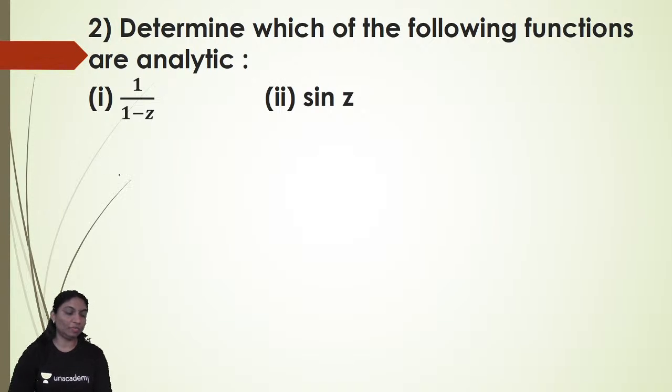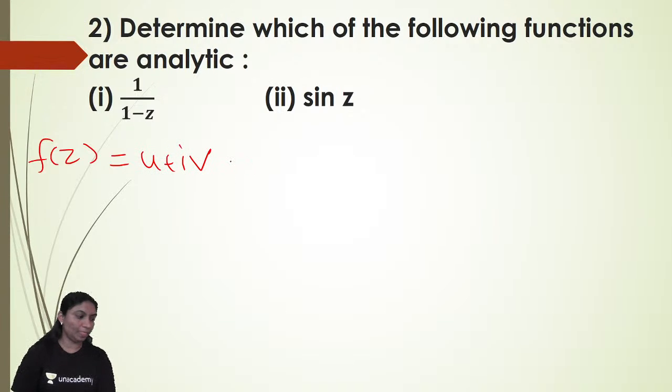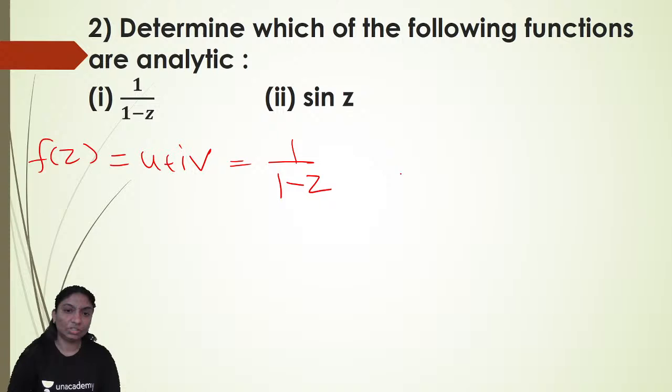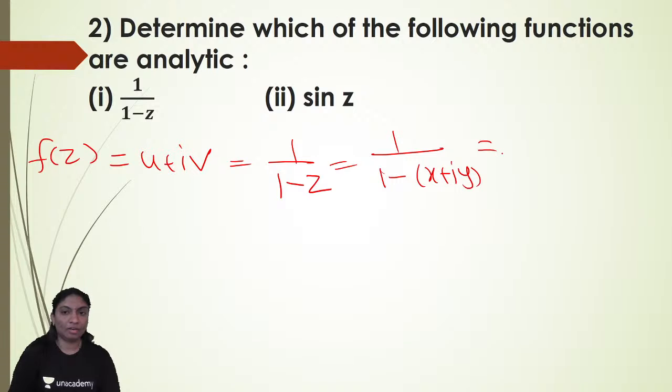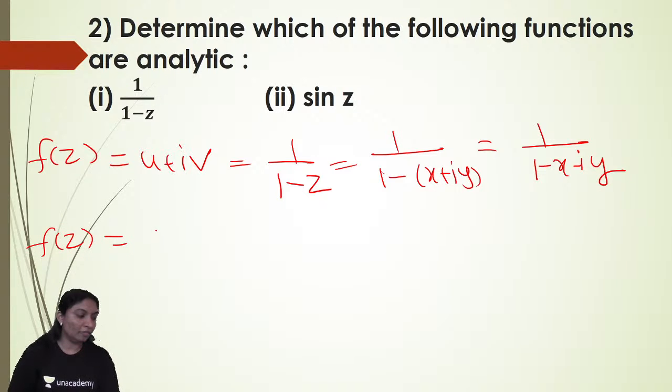Now see, 1 upon 1 minus z. So here f of z is equal to u plus iv is equal to 1 upon 1 minus z, which is equal to 1 upon 1 minus (x plus iy), which is 1 upon 1 minus x minus iy.